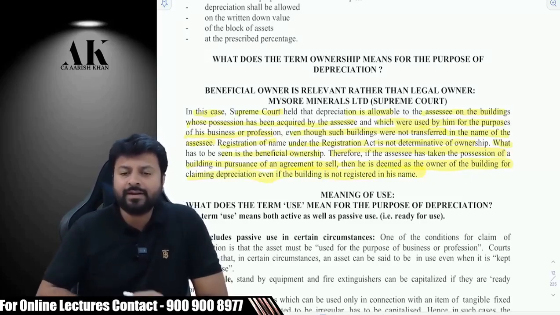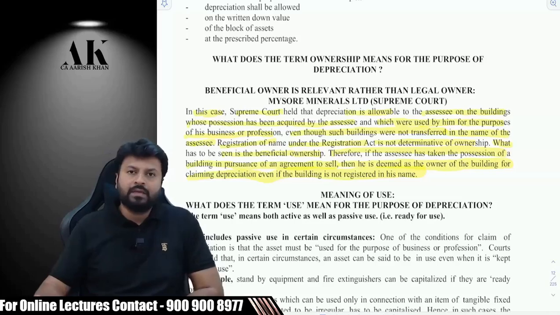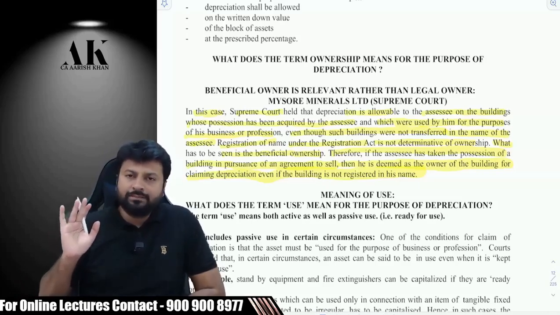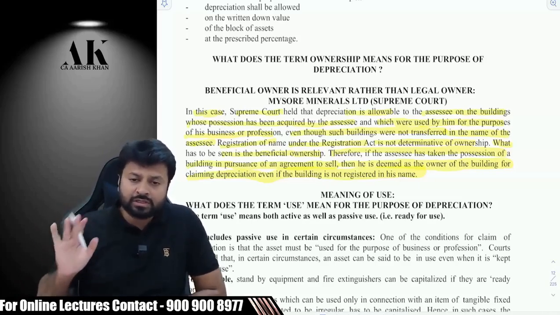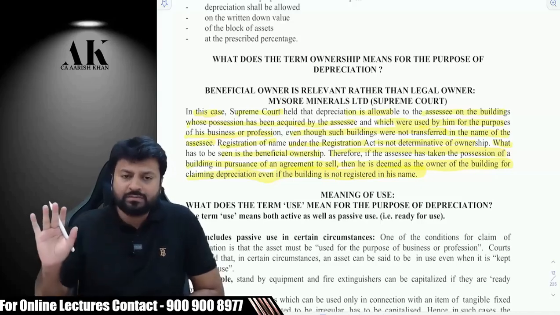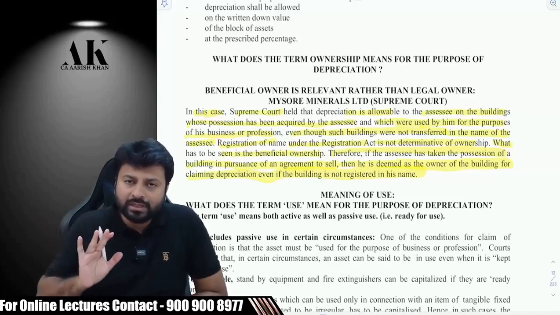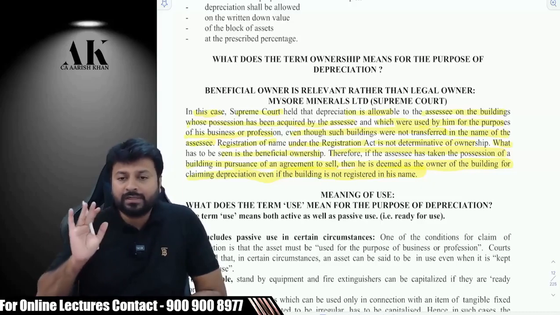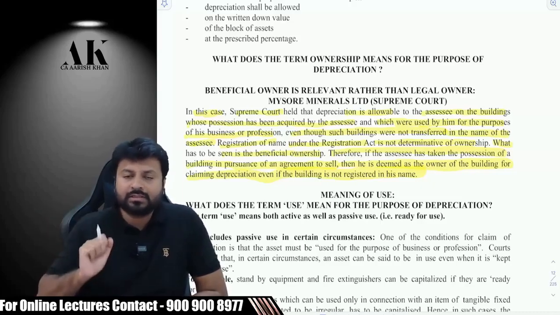So, what is the ultimate conclusion of this judgment? The ultimate conclusion of this judgment is, for the purpose of income tax law, ownership means which ownership? Beneficial ownership, and not legal ownership, and not something who has a title, but something who has control over the asset, something who has the right to use the asset.